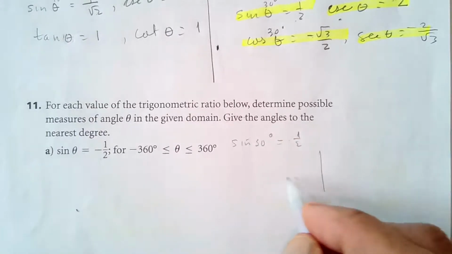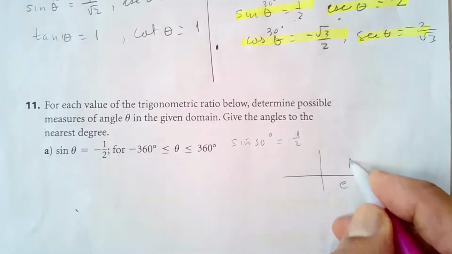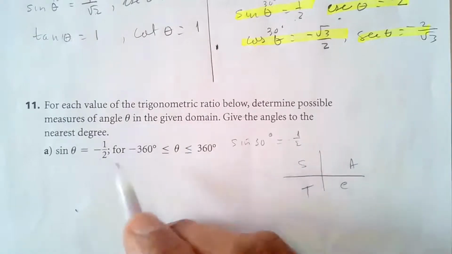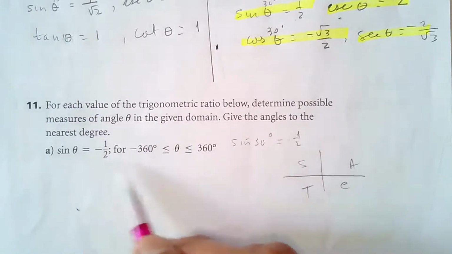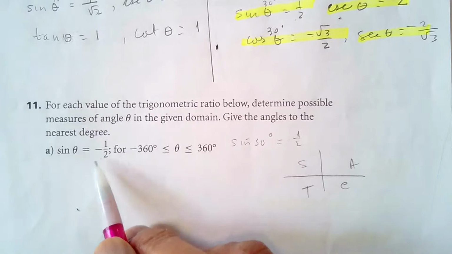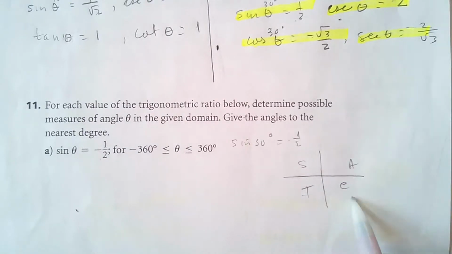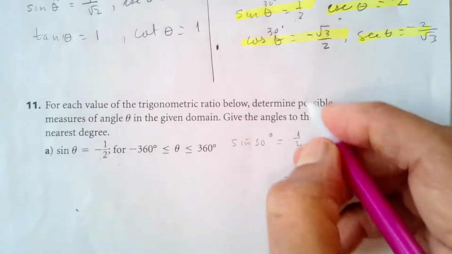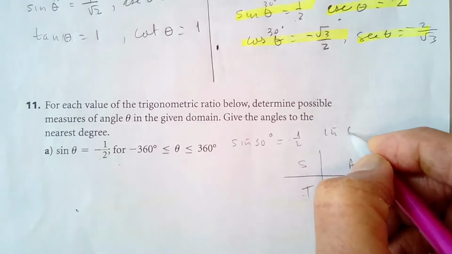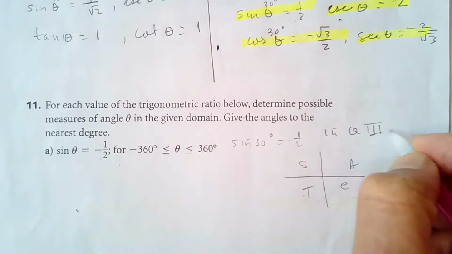So if you look at our CAST rule, we're looking at angles in quadrant 3 and quadrant 4. Okay. So the sine now lies in quadrant 3, quadrant 4.